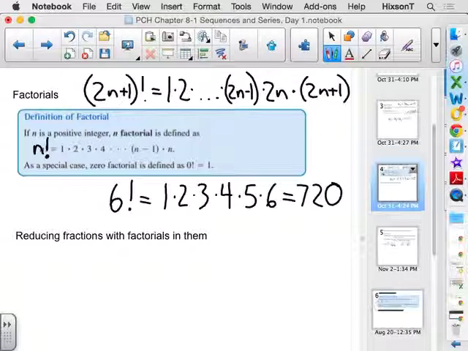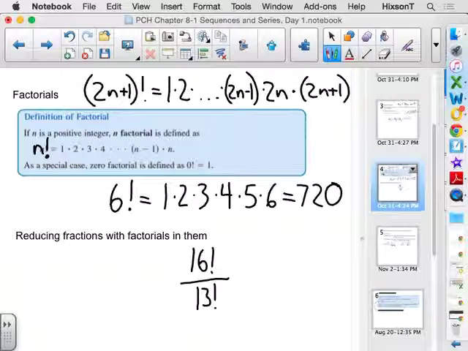Let's say I had 16 factorial, that's going to be a real big number. Okay, and I don't know about you, but I don't feel like multiplying all of that out. However, if I had a problem where I had 16 factorial over, let's say, 13 factorial, I actually don't have to multiply out either of those.